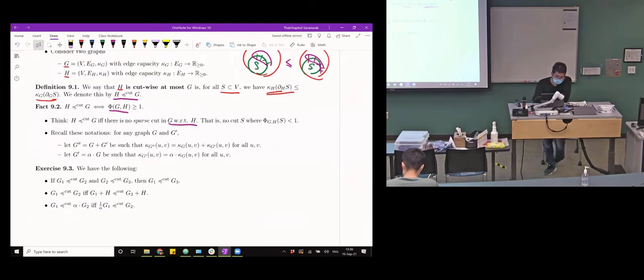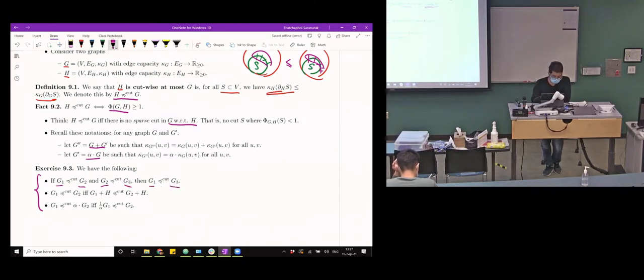And you can recall this notation where I can add graphs and scale a graph by some constant. You can verify by yourself that this order between graphs in the cut sense is a partial order, like everything that should hold does hold. It is transitive. If G1 is less than G2 and G2 is less than G3, then G1 is less than G3.